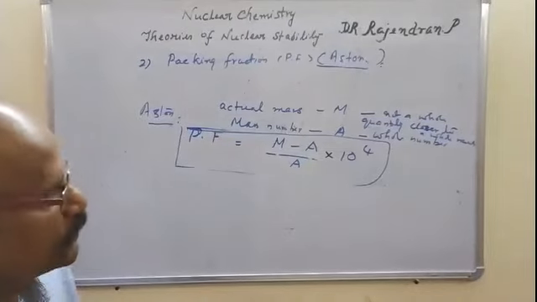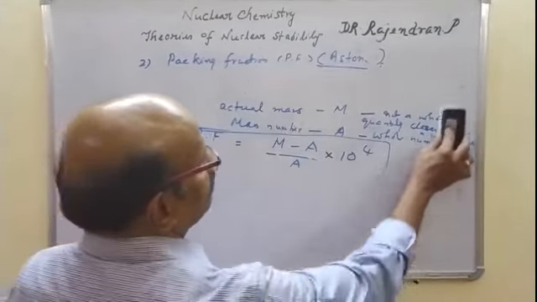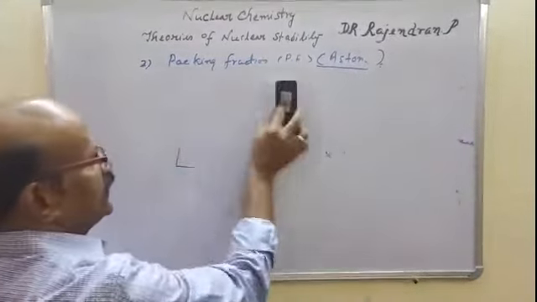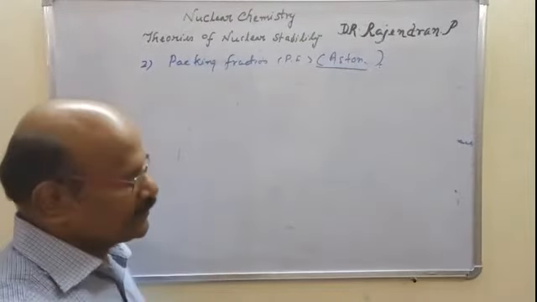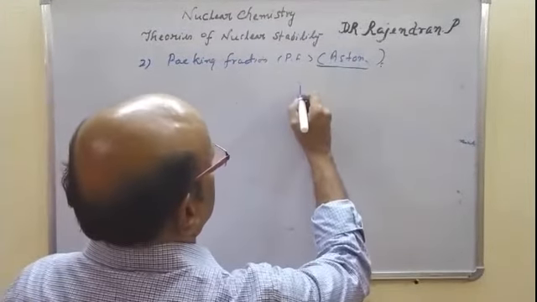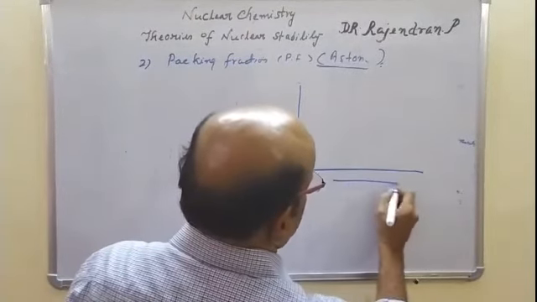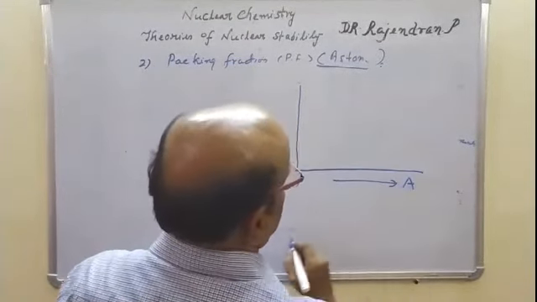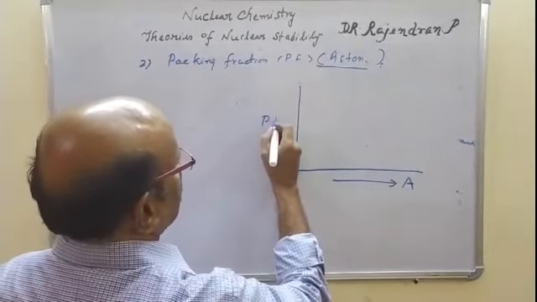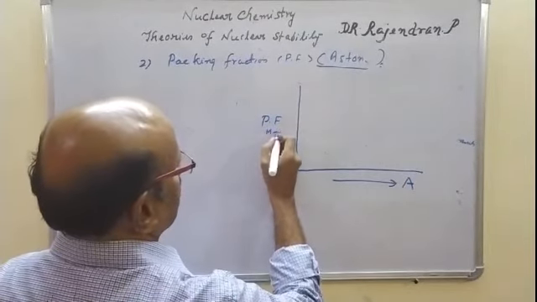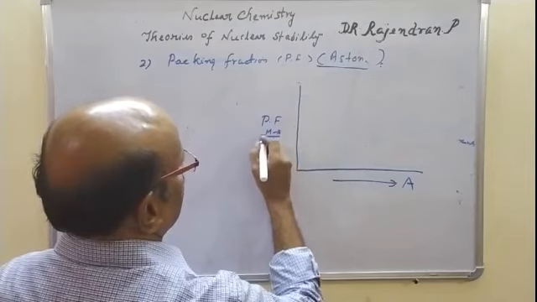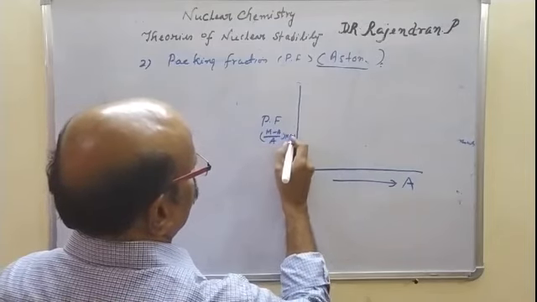So when you plot the packing fraction of various nuclei against the mass number A, this is the mass number A and this is the packing fraction, that is (M minus A) divided by A into 10 raised to 4.